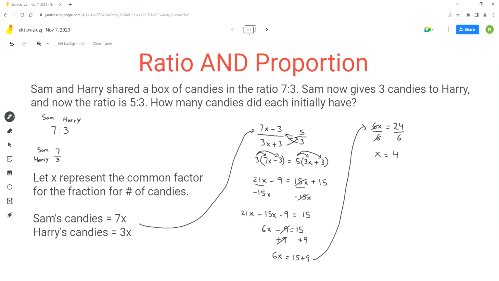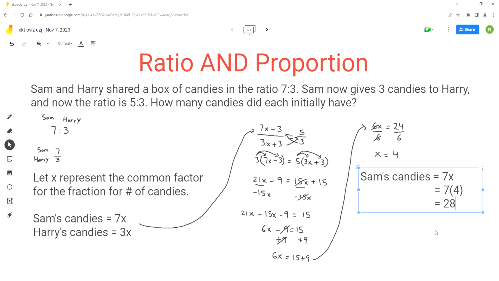And now we can use this value of x to find the number of candies Sam and Harry initially owned. So we can write a statement. So Sam's candies is equal to, so we said it's 7x. So now we can use this value of x. So 7 times 4 equals 28.